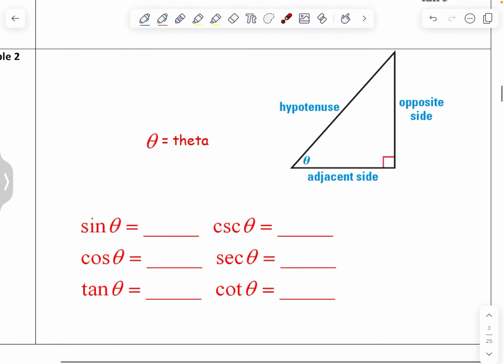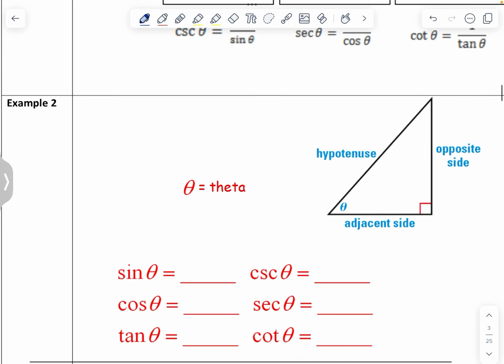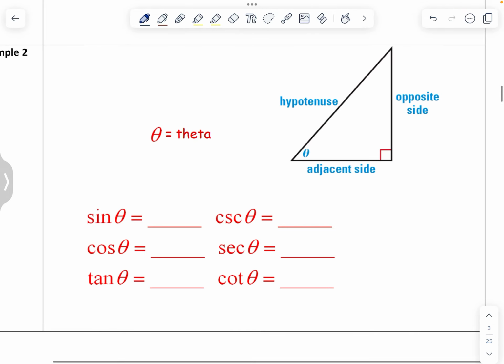Let's look at it with a triangle. It's a right triangle, and this is our angle. Our sides are labeled based off of where the angle is located. The side that is touching the angle is the adjacent side. The leg that is across from the angle is the opposite side.